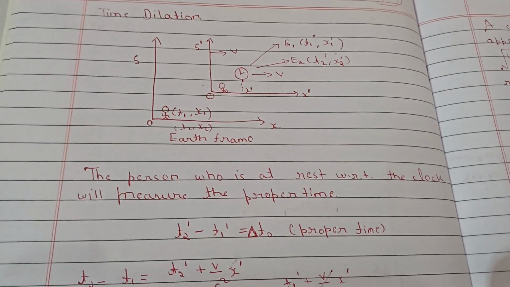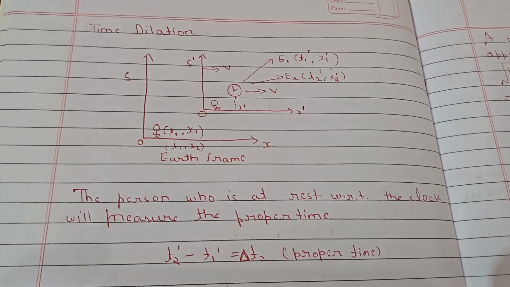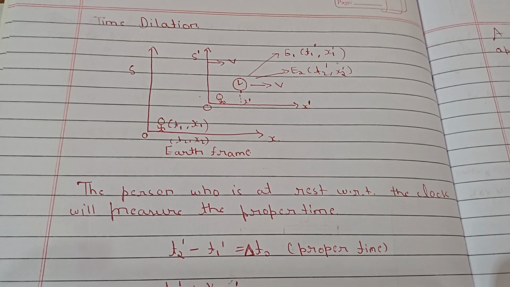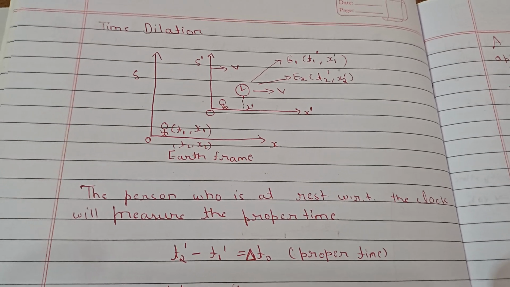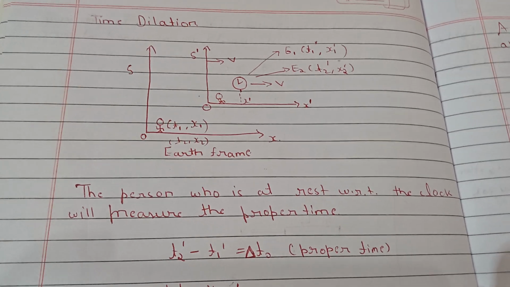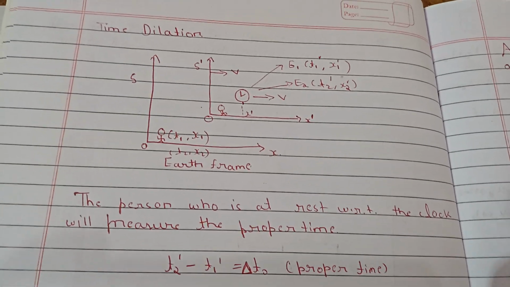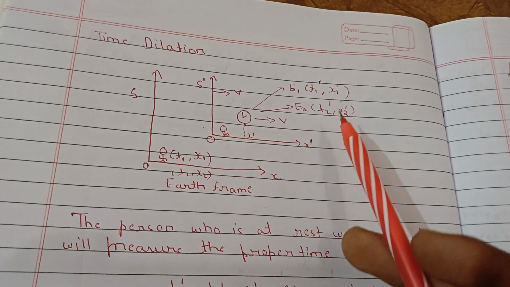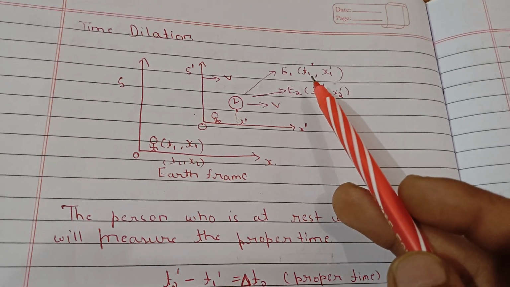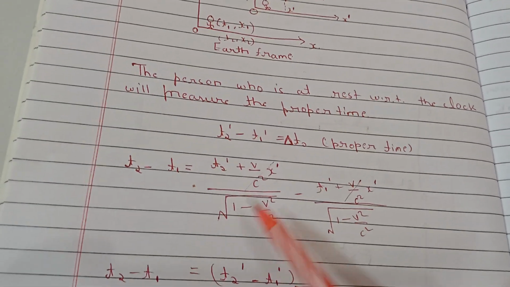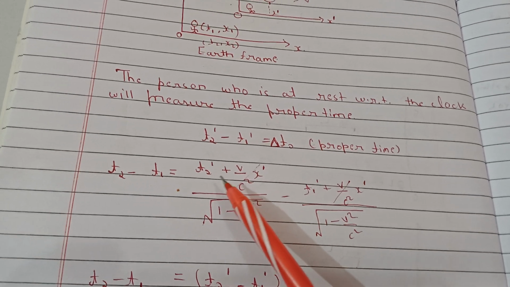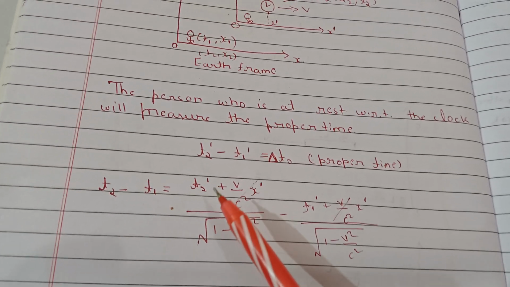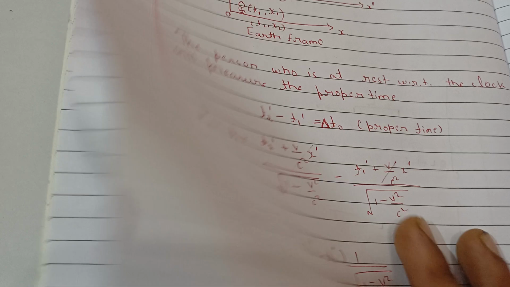Okay, so in the Lorentz transformation, we have seen that in space-time, we have different times in different coordinates, different space, and in different frames. According to that formula, if one frame is moving and one is stationary, what will be the formula for the transformation of T1 prime?